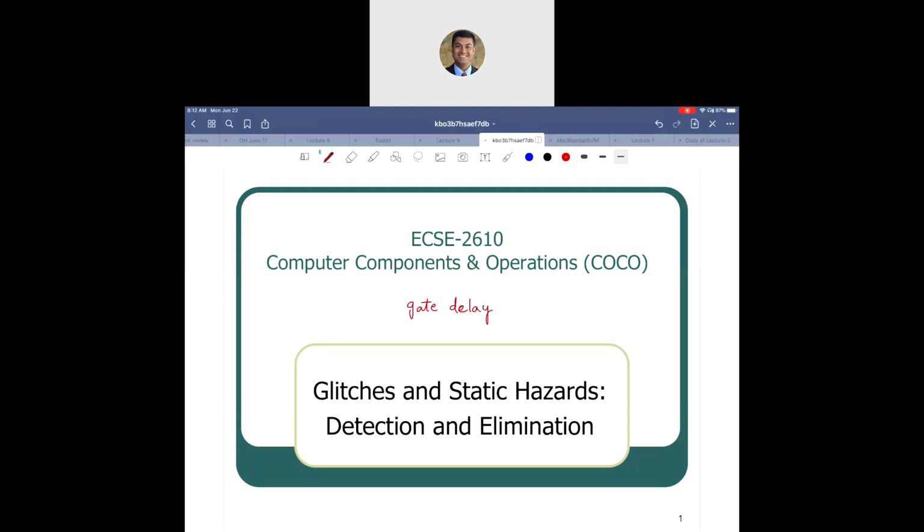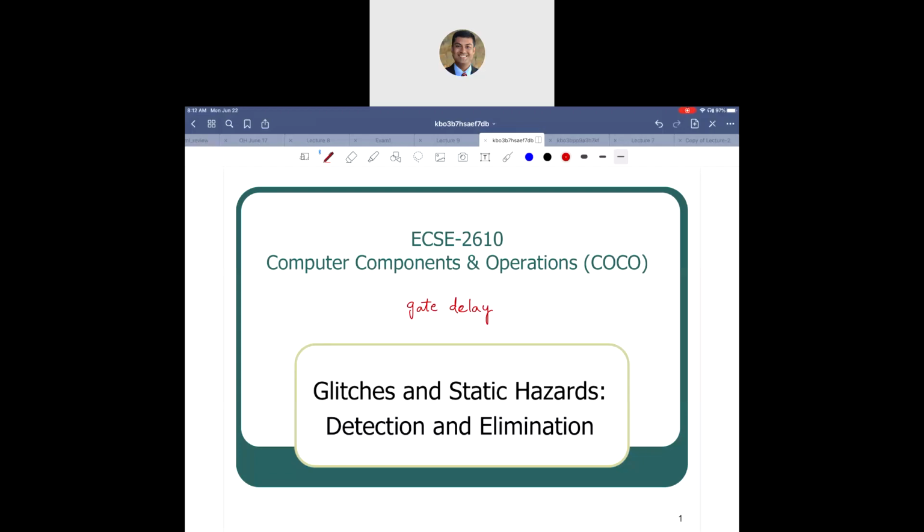So due to gate delay, we will have some problems in how the output of the logic diagram behaves, which is going to be different from what we expect. And the culprit is gate delay.